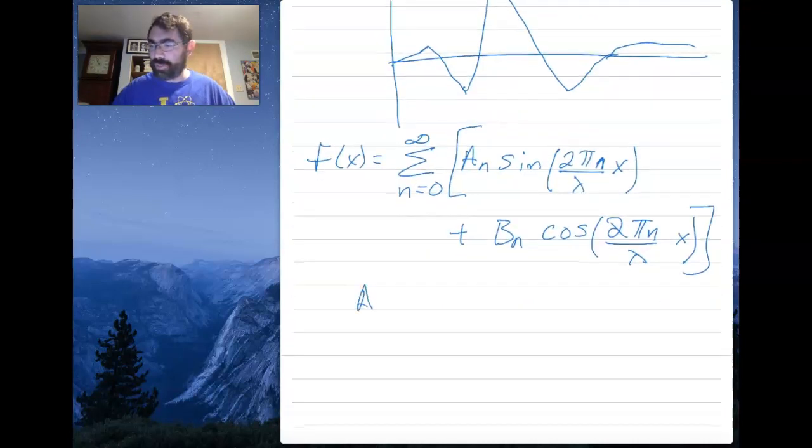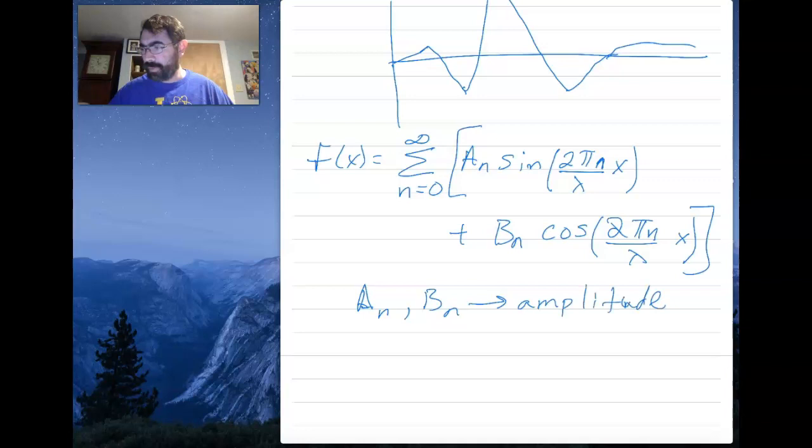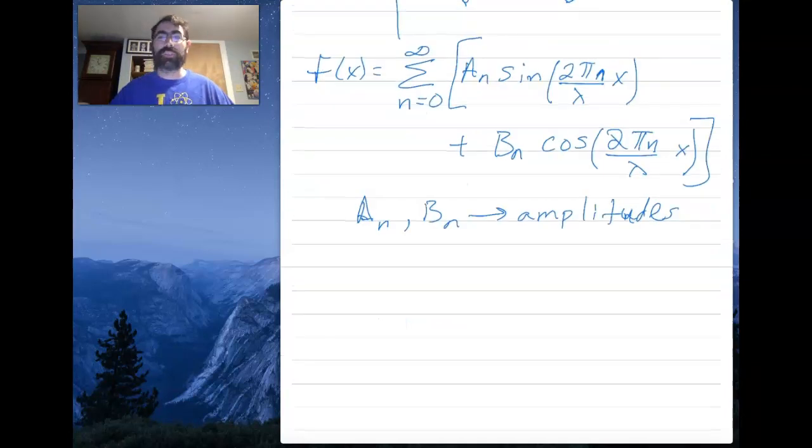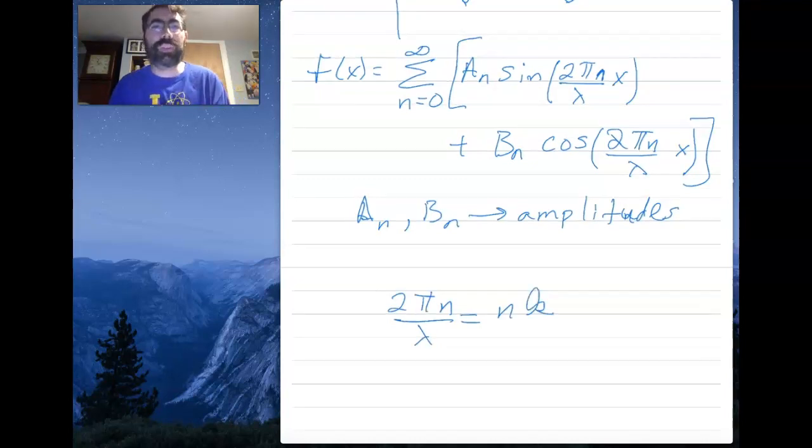The A's and B's are the relative amplitude of each of the different contributions. The N's tell us how many wavelengths we're including, because you have something that is 2 pi n over lambda, or nk. So we're adding in which wave number contributions we are going to use.